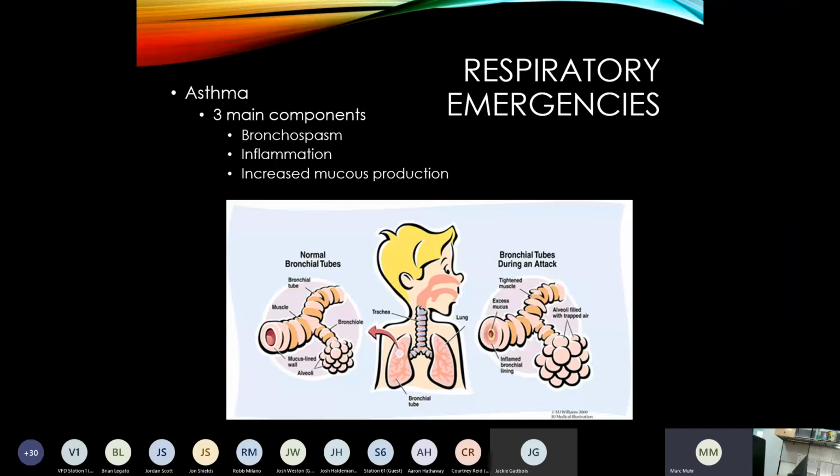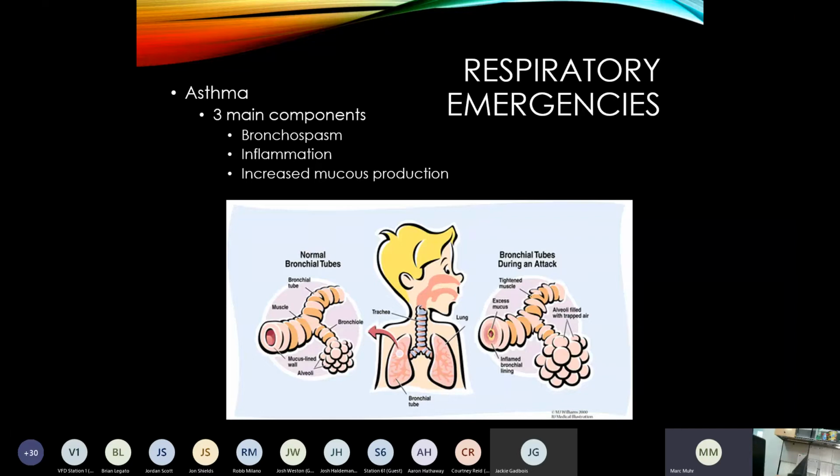Moving down the respiratory system, asthma. The three main components of asthma: bronchospasm, inflammation, and increased mucus production. I think we're very savvy in dealing with asthma, especially in our region. In the bottom picture, on the left-hand side, these are normal bronchioles.